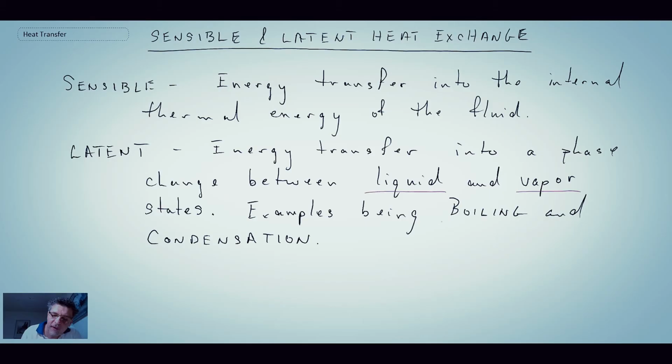And these processes, boiling and condensation. So we've seen those and discussed them in our everyday lives, but we'll be looking at them from a technical perspective and quantifying the amount of heat transfer associated with these processes. And given that a lot of energy can go into a phase change, we'll find that the heat transfer rates for either boiling or condensation are very, very high.